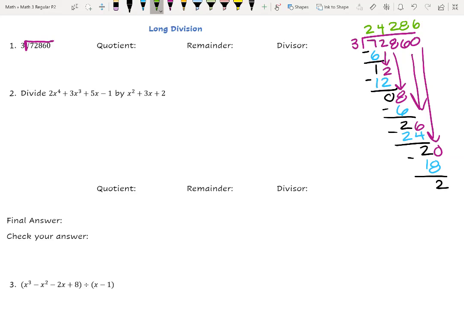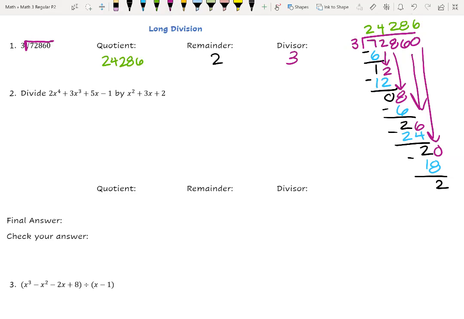Okay, so what this means is this number up here is my quotient, the 24,286. And then the remainder is what I have at the bottom here. So this 2 is my remainder. And the divisor is what I was dividing by. I was dividing by 3.